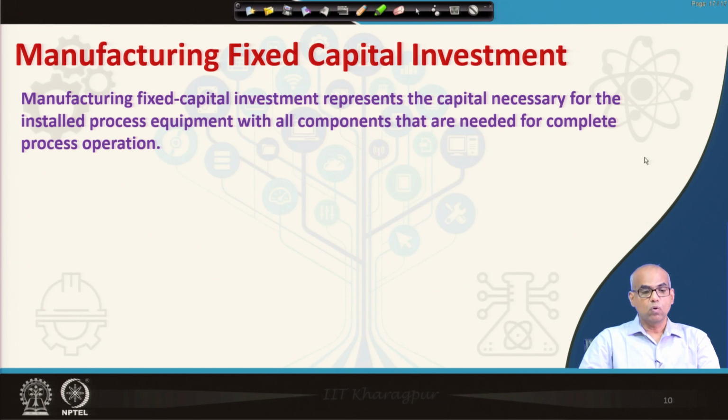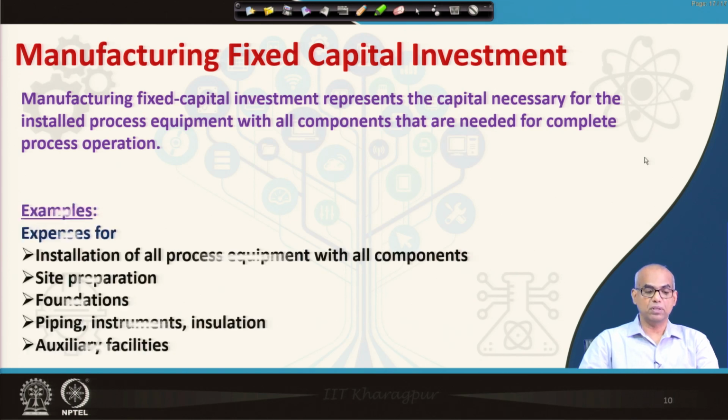Now, what are these manufacturing and non-manufacturing fixed capital investments? Manufacturing fixed capital investment represents the capital necessary for the installed process equipment with all components that are needed for complete process operation.